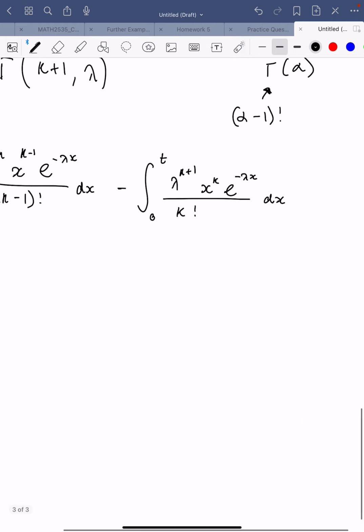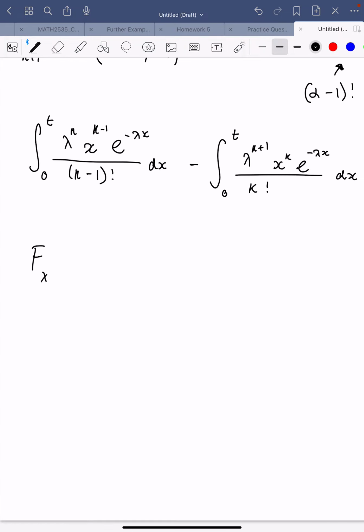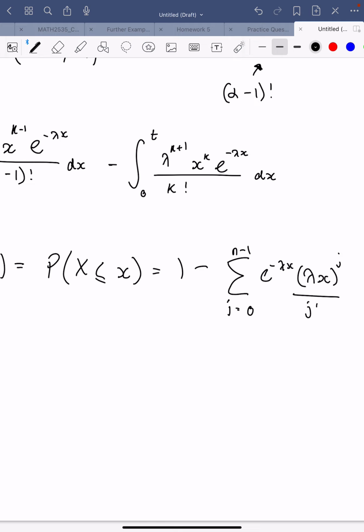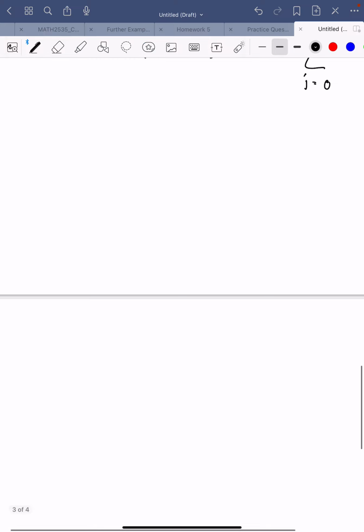So it says that F(x), which is equal to the cumulative distribution function, is 1 minus the sum from j equals 0 to n minus 1 of e^(minus lambda x) (lambda x)^j over j factorial. So let's try using the sum way first, and we'll see where we get.